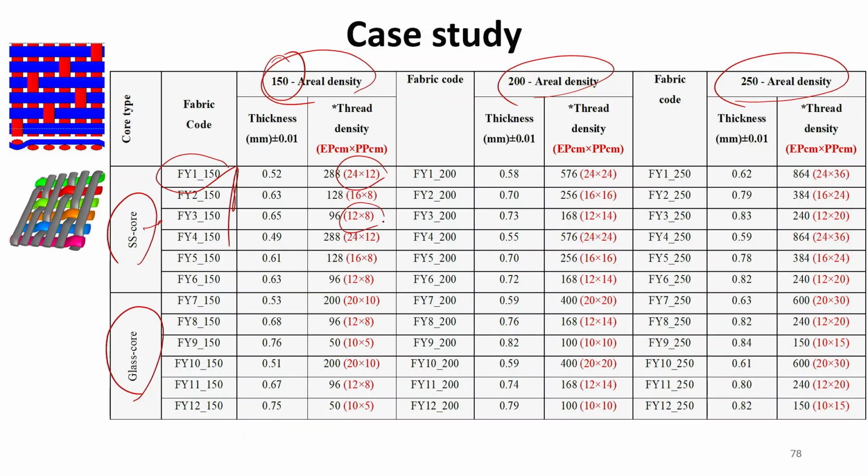The same logic is maintained for other areal densities. FY7 to FY12 are basically made of glass core.